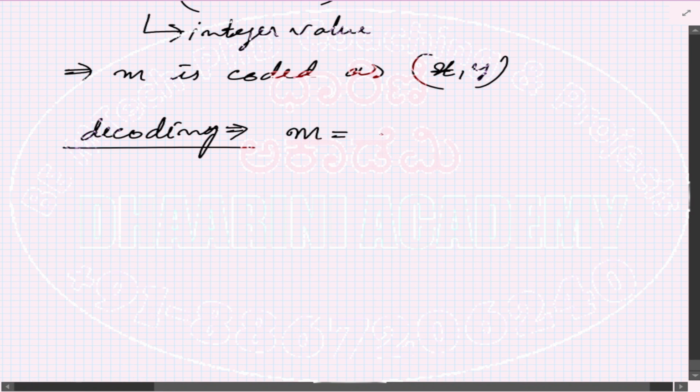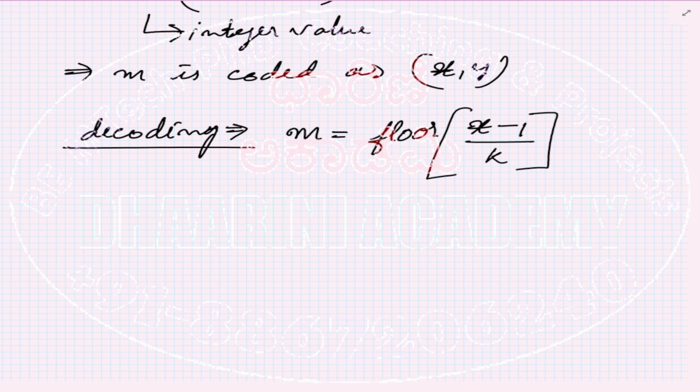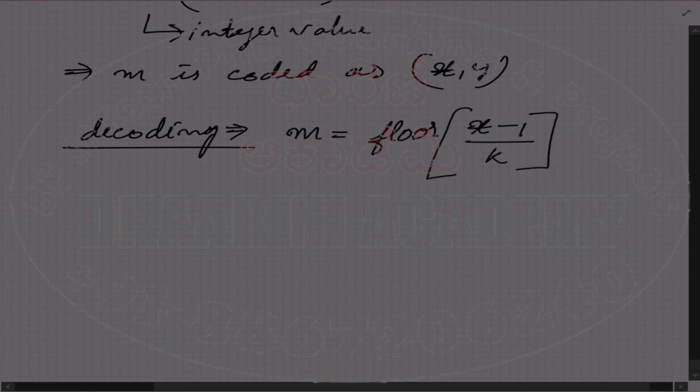Okay, so you apply the floor of the x coordinate, x minus 1 divided by k. So k should be known. If you don't know it, you cannot decode. This is one of the simplest techniques using which you can go back from x to m, right? Floor means the lower number.